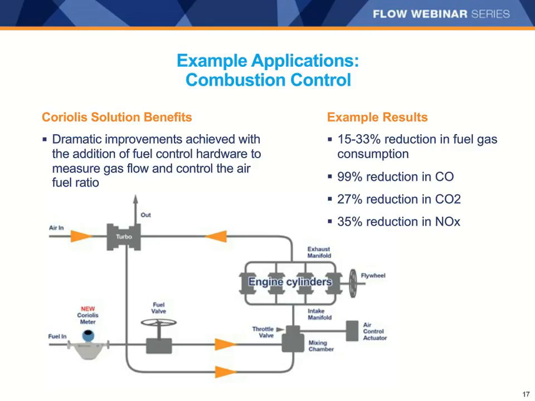This is because controlling in mass units makes the combustion efficiency much less susceptible to degradation as the fuel composition changes. The benefits of this approach are threefold: a reduction of up to 33% in fuel consumption, dramatically reduced emissions, including a 99% reduction in carbon monoxide, and an ability to use fuel gas with variable composition that gives the plant flexibility in where they take their fuel gas from.